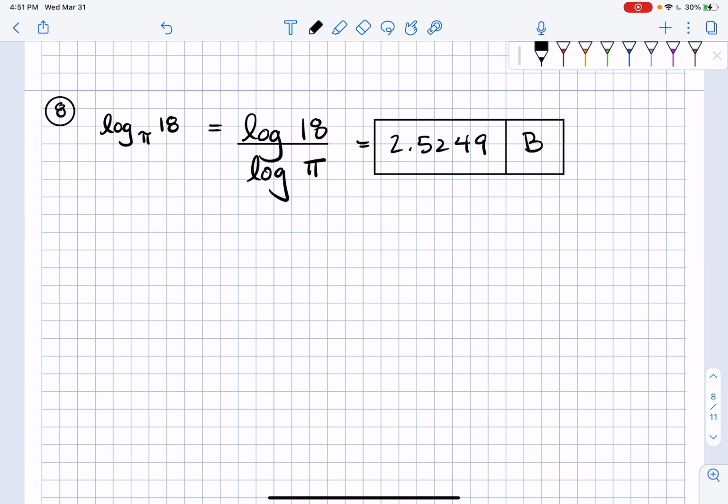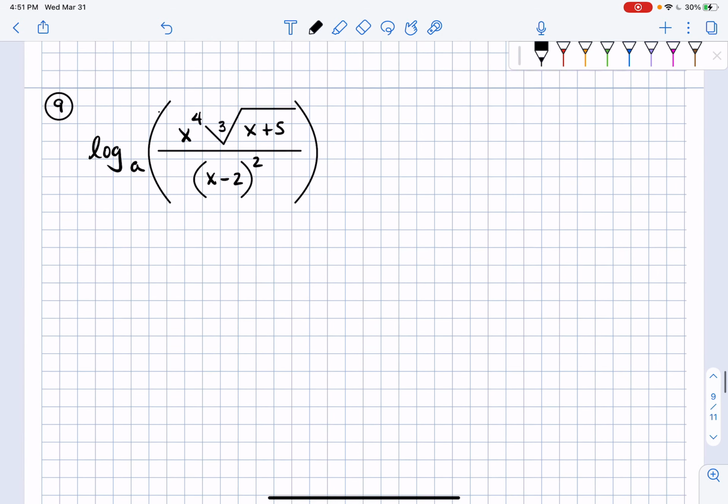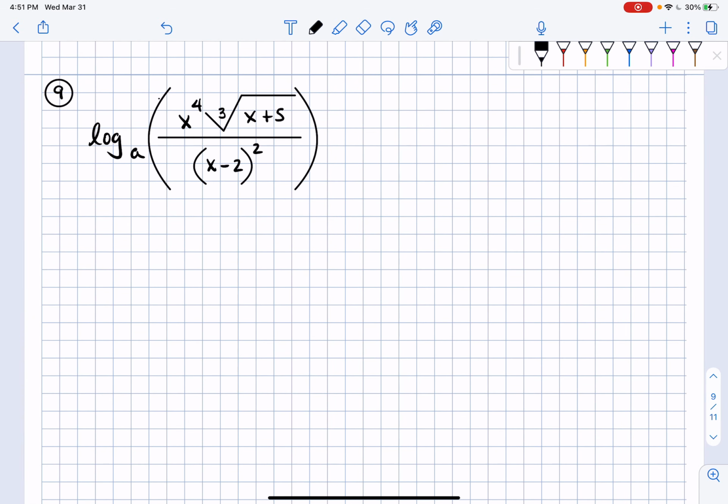There we go. On to number 9. Whoa! This looks big already, but they wanted me to expand it even more. Okay, so I have multiplication on top, I have some power rules there, and I got the division on the bottom. Okay? So, let's see here.